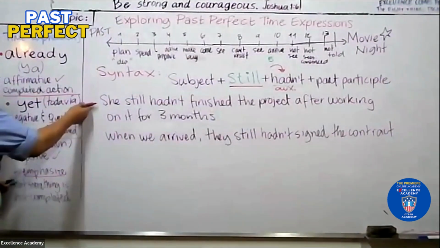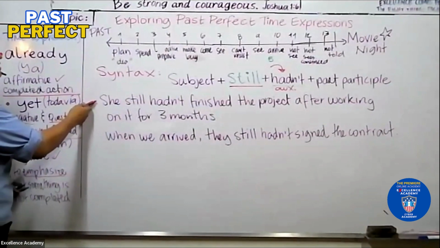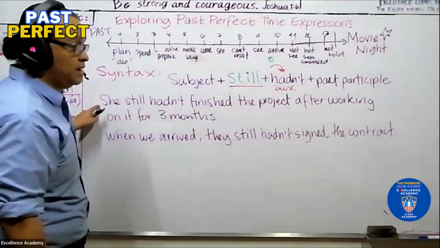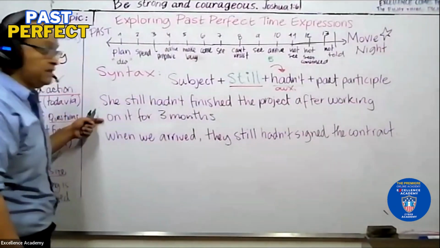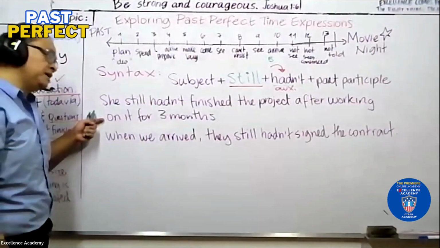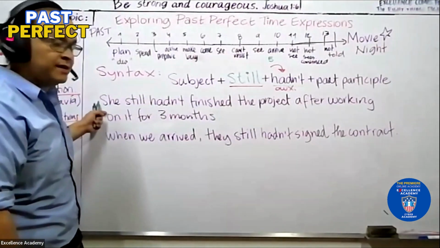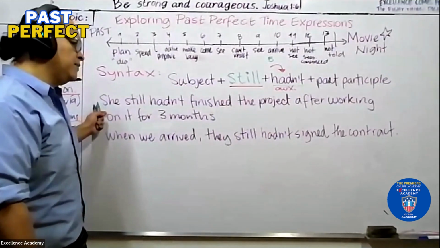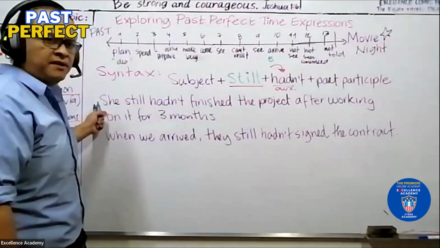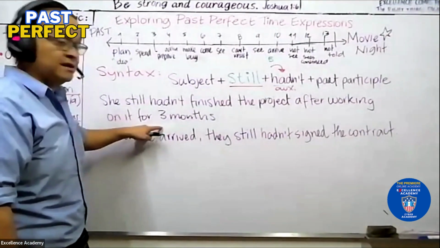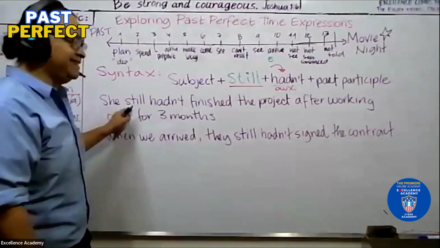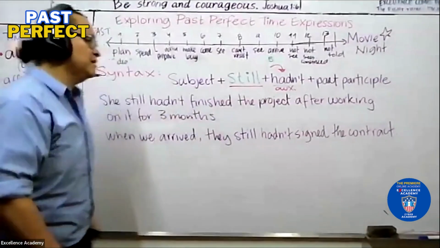Here's an example for you. It says here, she still hadn't finished the project after working on it for 3 months. So here we're kind of surprised, right? The project was for 1 month, right? But after 3 months, she still hadn't finished the project.